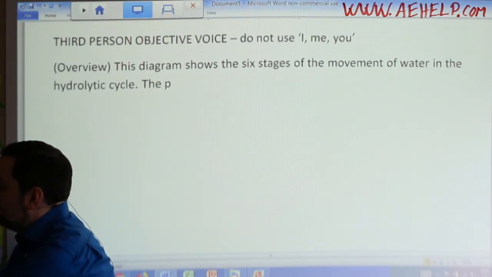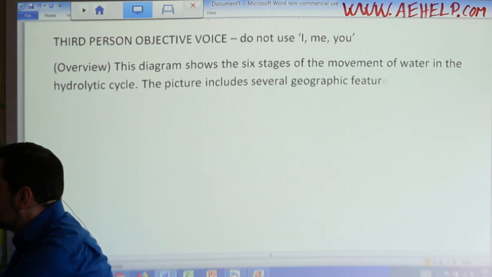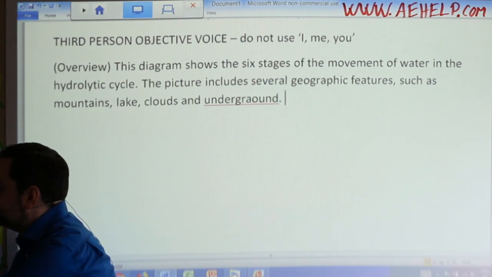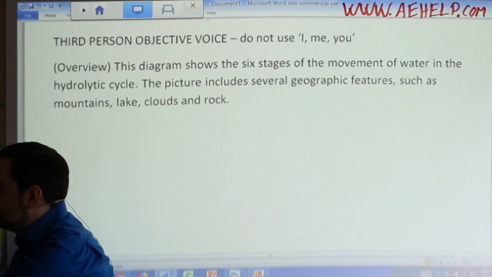So the picture includes several geographic features such as mountains, lake, clouds, and underground, and rock. Let's keep it simple.